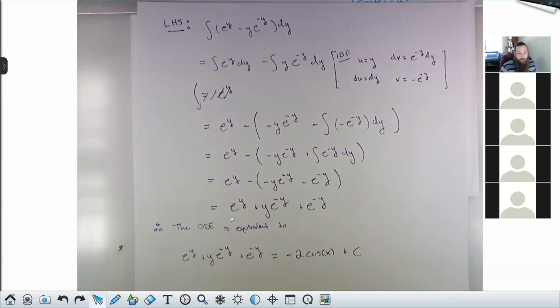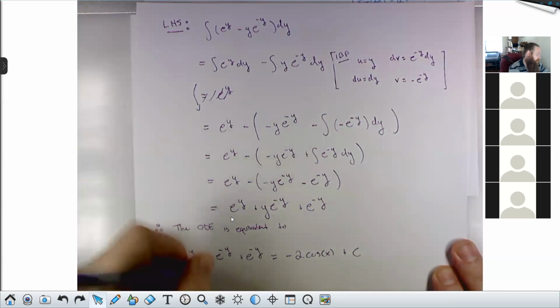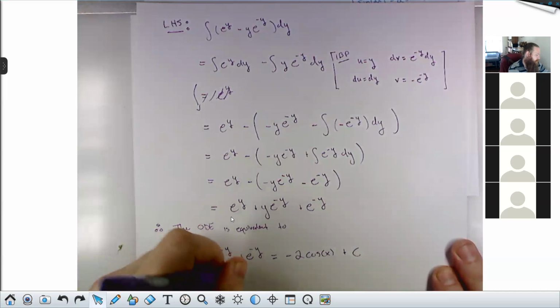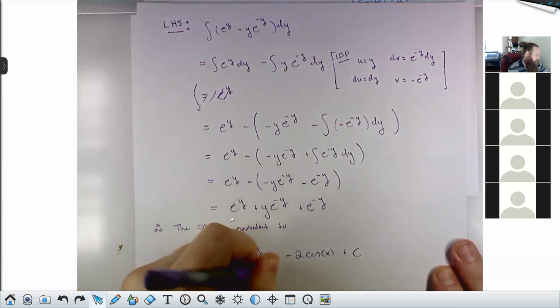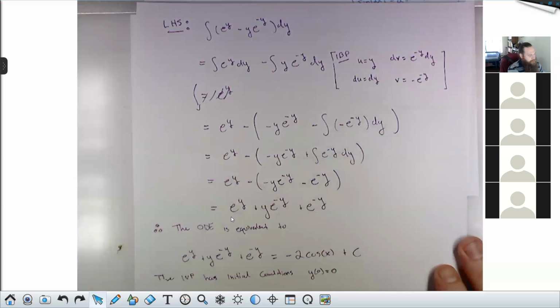But what we were asked to solve wasn't just the ODE, we wanted to solve the initial value problem. So the IVP has initial conditions that y of 0 is equal to 0.